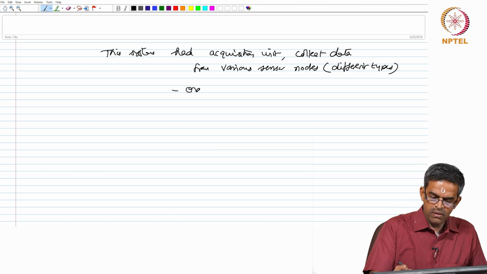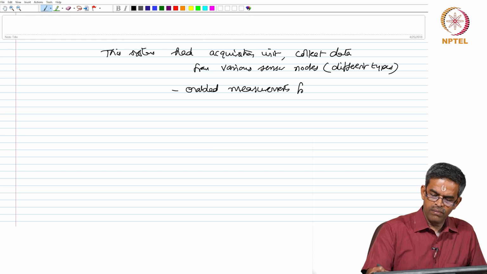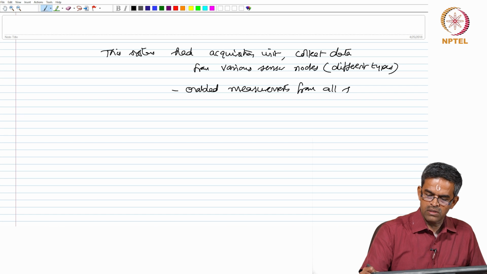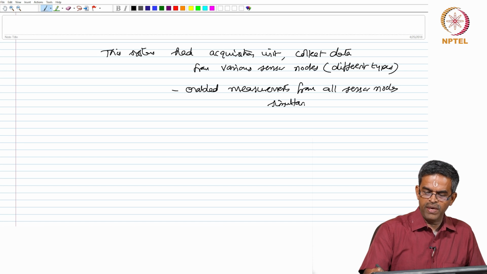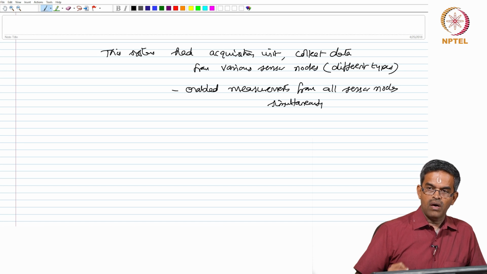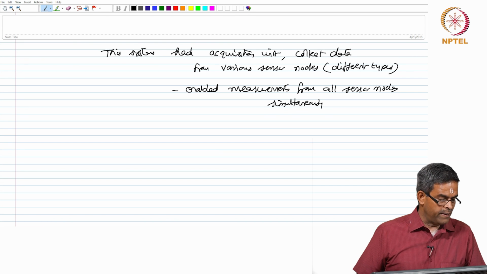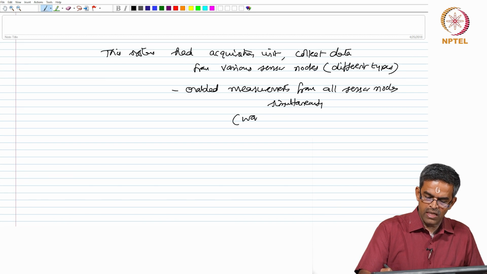It enabled measurements from all sensor nodes simultaneously, that is very important. So, the speed and efficiency was much higher. One can see these details more in Wang et al. 2005.